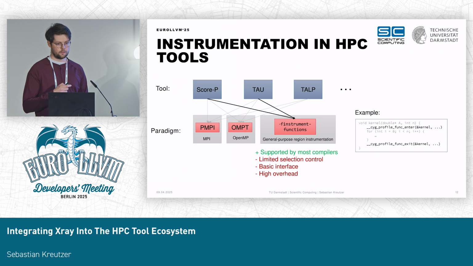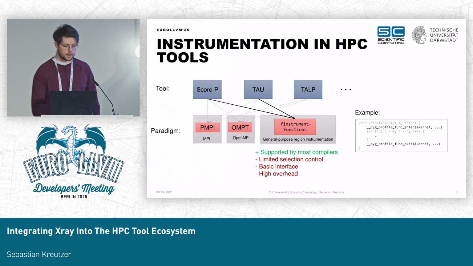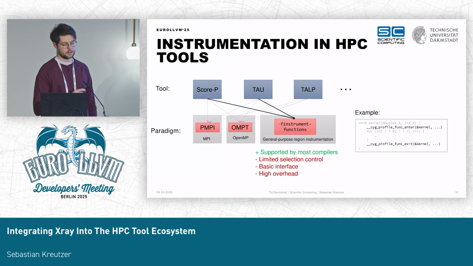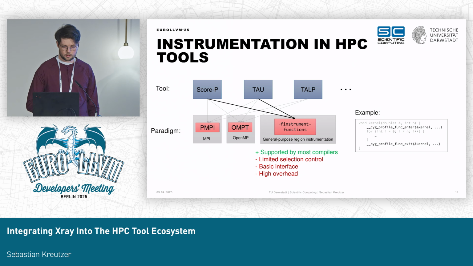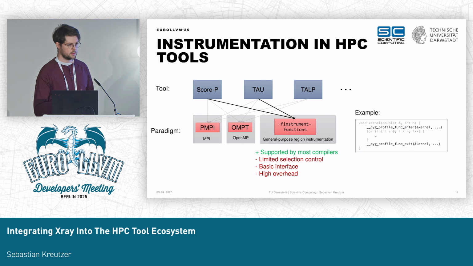What a lot of tools historically and still rely on is the -finstrument-functions flag, which inserts profiling probes at entry and exit points in each function. This has been adopted by a lot of tools because it's available in most compilers.